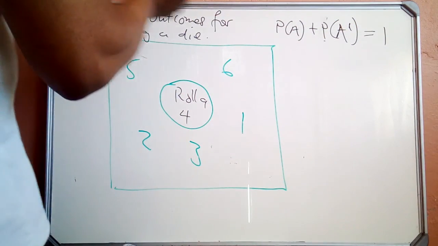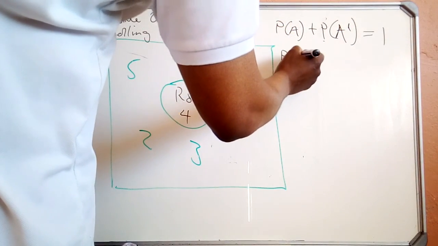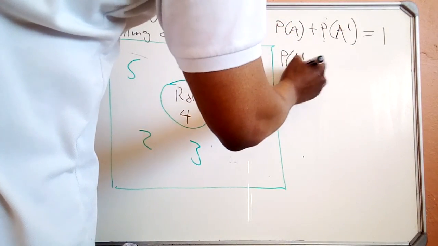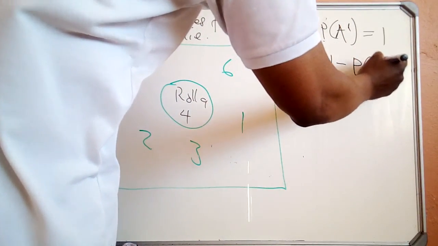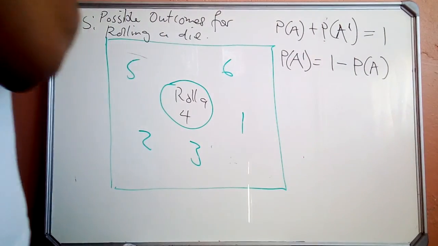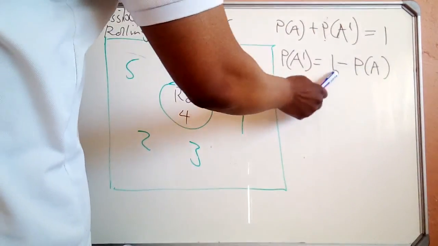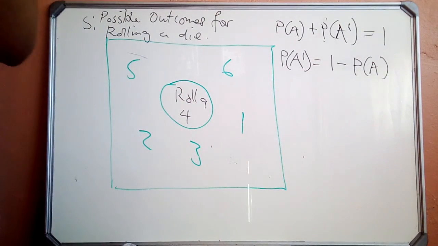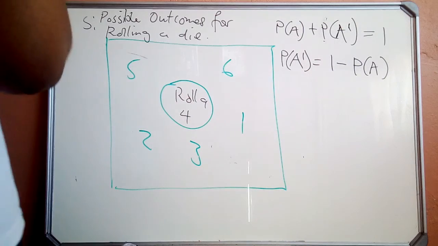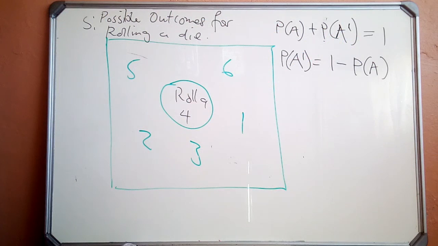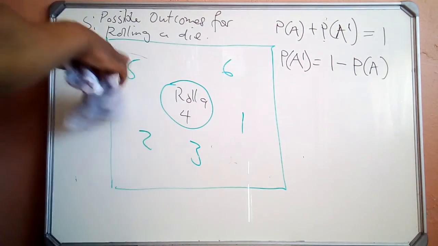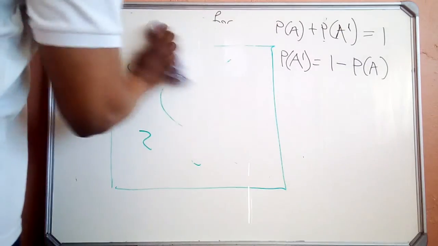Therefore, the probability of not rolling an A is equal to 1 minus the probability of rolling an A. Or alternatively, the probability of rolling an A is 1 minus the probability of not rolling an A, because the probability of A and the probability of not rolling an A are complementary events. Now let us look at a question that we can do to apply what we have learned.